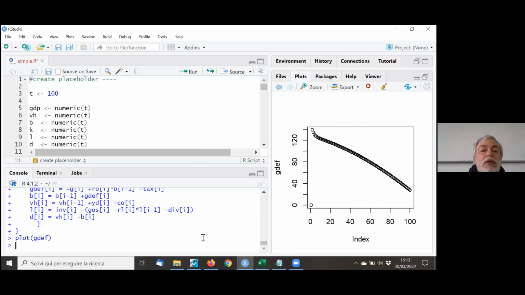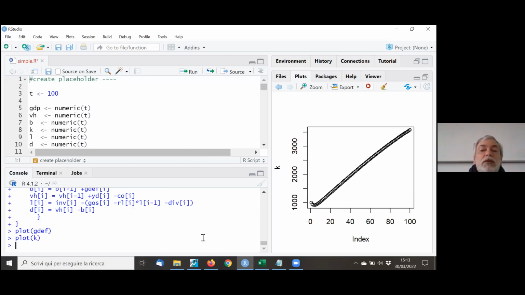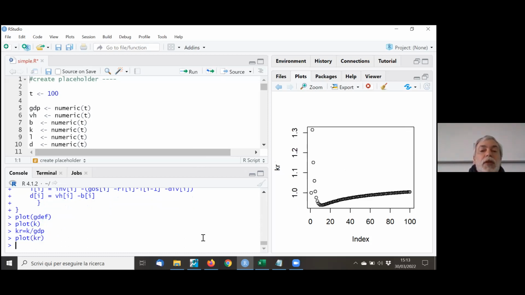Now it's not 0. Let's plot K. This K is still increasing, so it's not sufficient. Let's set the K ratio as K over GDP. But this is converging.